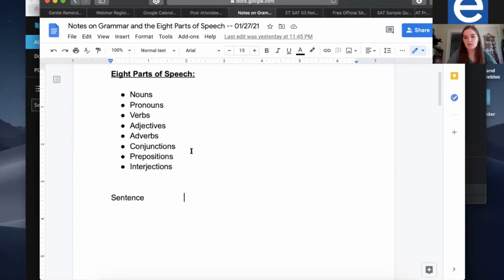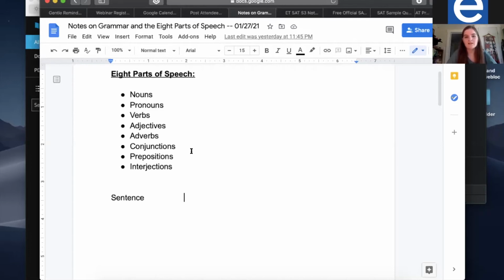So long as you can figure out and identify based on context what that word is doing in the sentence, what its purpose is grammatically, and also on a writing and editing level, or in addressing the reader, you can figure it out without having to know all the technical terms for grammar. I do recommend for everyone to familiarize yourself with grammar because it's going to make the English and the writing test easier here.